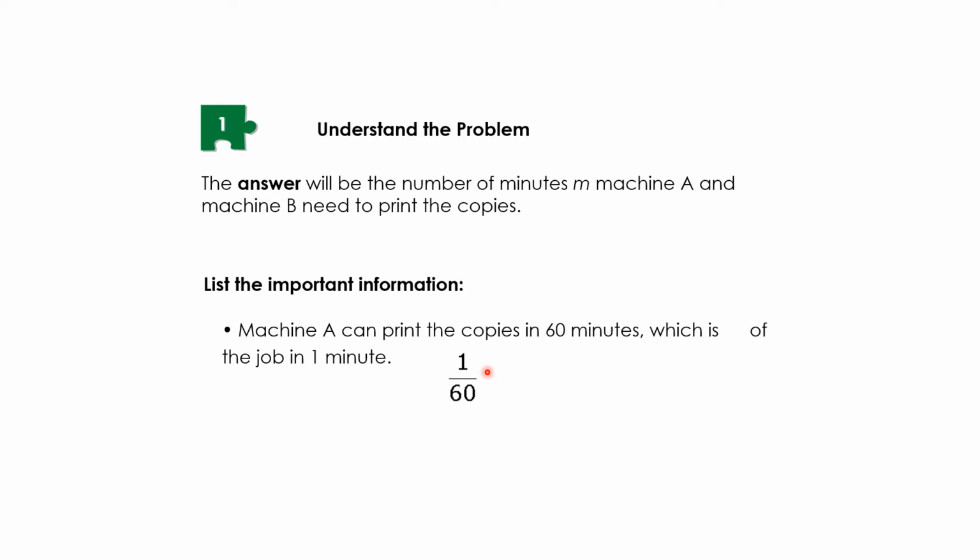For one whole job, in every minute, the portion of the job machine A can do is 1 over 60.